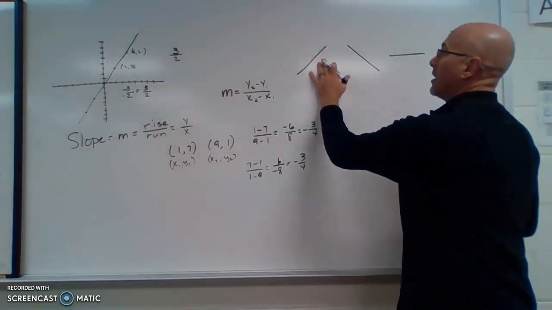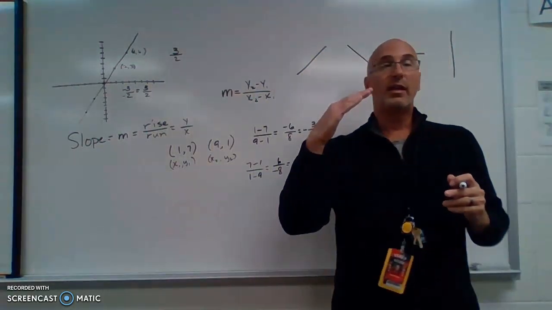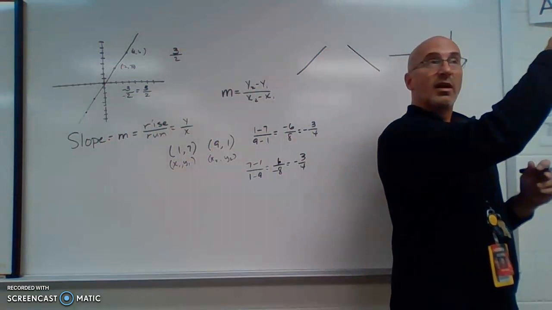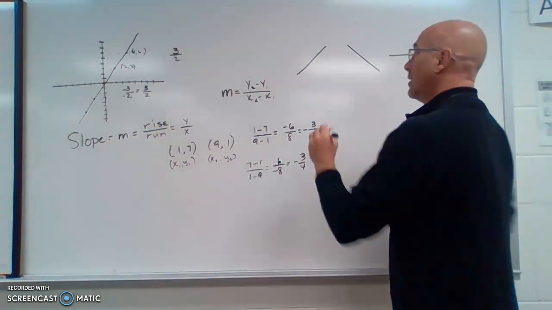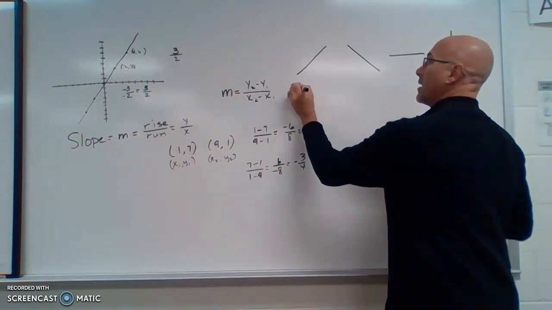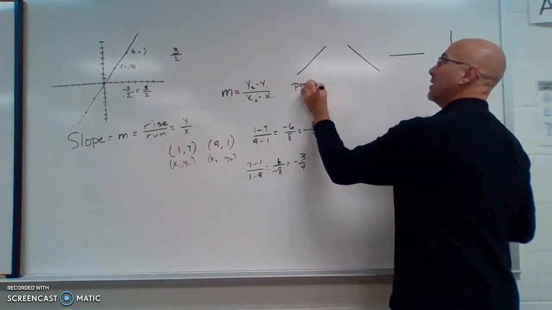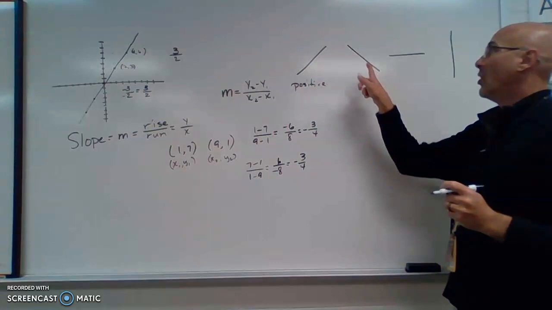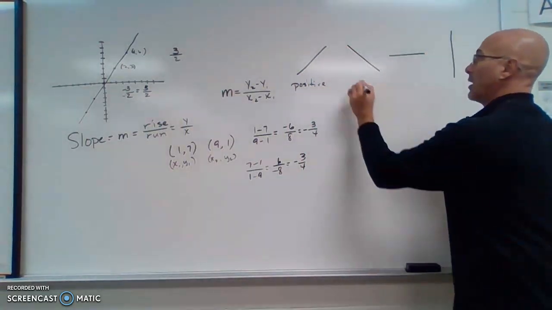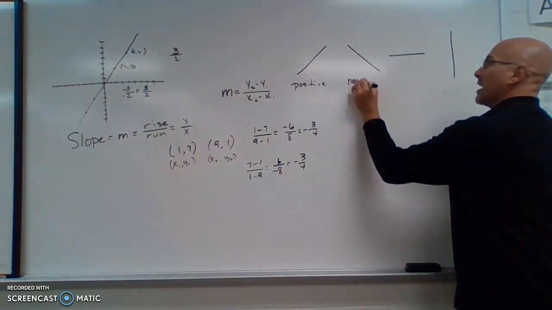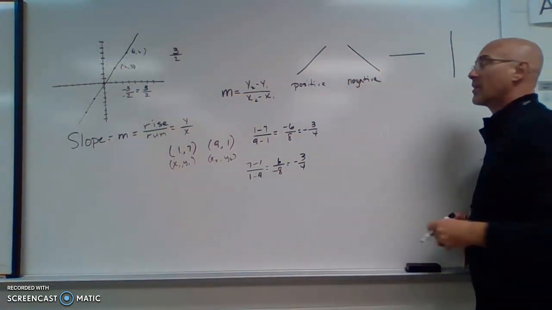When we have a slope that increases as we move from left to right, or that goes up, we call that a positive slope. When one goes down, like you're going down a hill, we call that a negative slope.